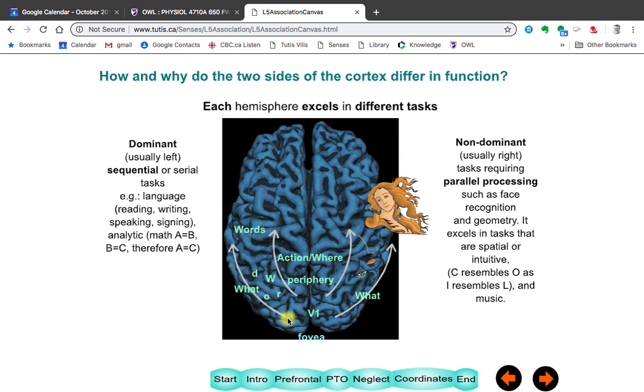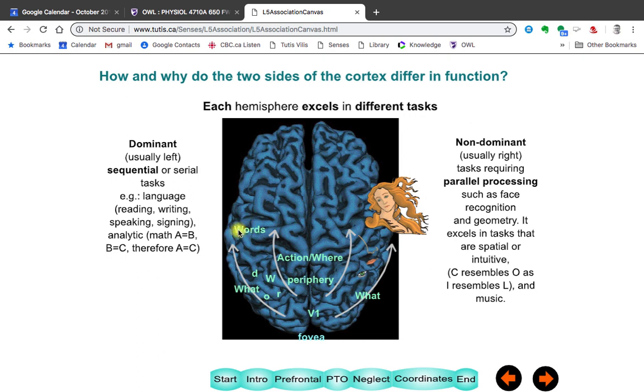And of course, language has taken over parts of the face area on the left, because that's where other traits of language reside.